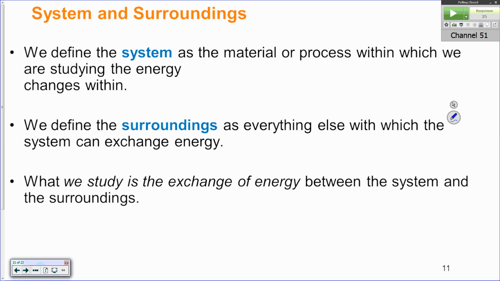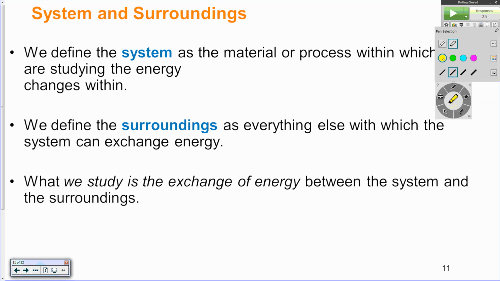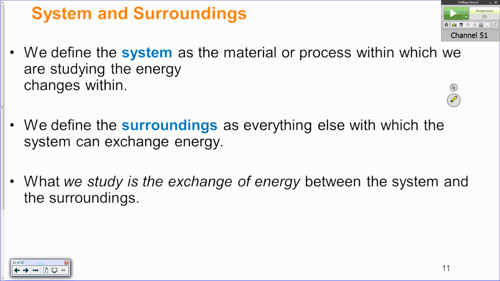Okay, so we have to start defining what we are looking at. System versus surroundings is critical, so we need to understand the difference. The system is the material or the process that we're studying, most commonly with respect to some chemistry.